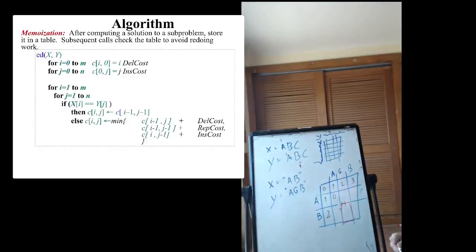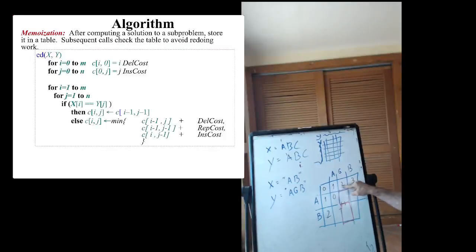Okay. And does the A fit the G? No. So what should I write in the purple cell? I have three options. I need to look at the cell above, the cell diagonally, and the cell to my left, and it will be the minimum of the cost of one deletion, or one replacement, which will be the diagonal, or the cost of one insertion.